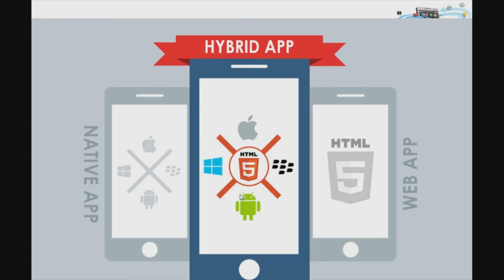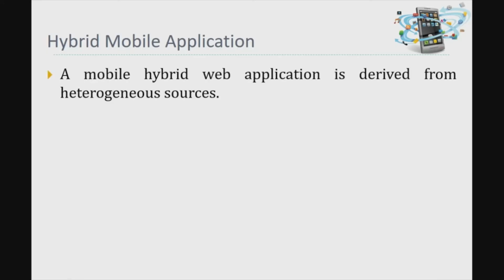We have different operating systems, Windows, iOS, Apple, and so on. A lot of OS, and we try to combine using HTML. A hybrid mobile web application is derived from heterogeneous sources, multiple sources, various sources.